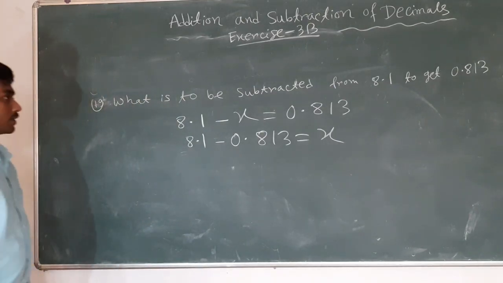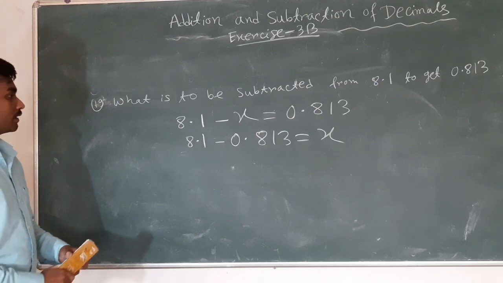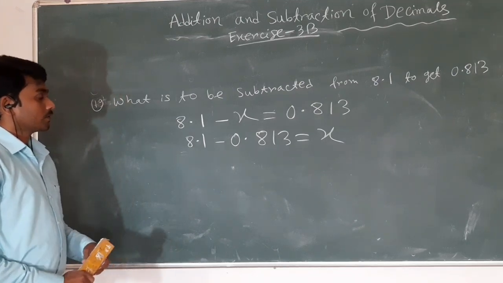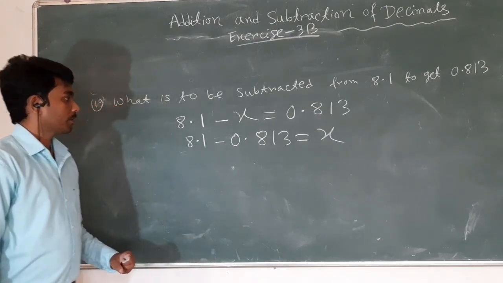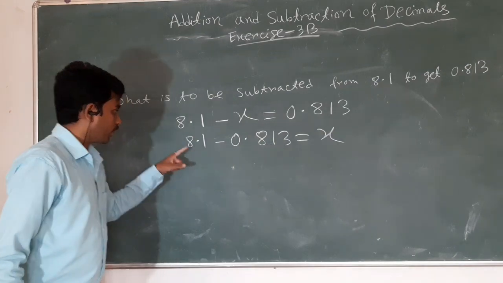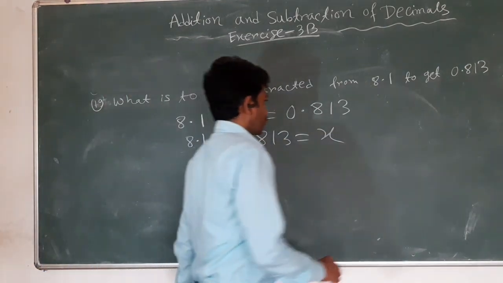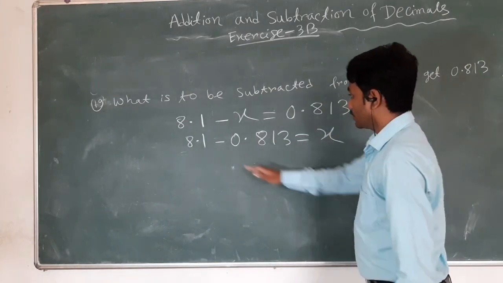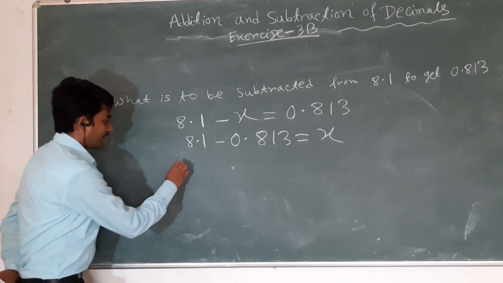So the value of x can be obtained by subtracting 0.813 from 8.1. So how do we subtract? First we write each of the decimal numbers as like decimals.